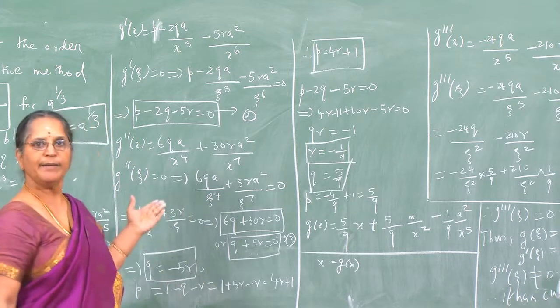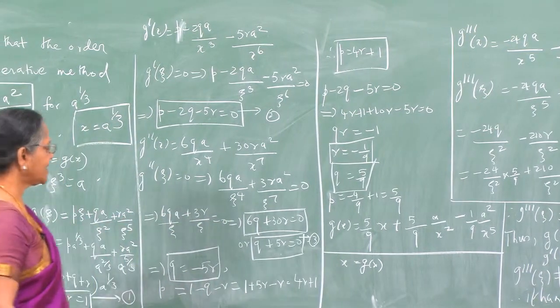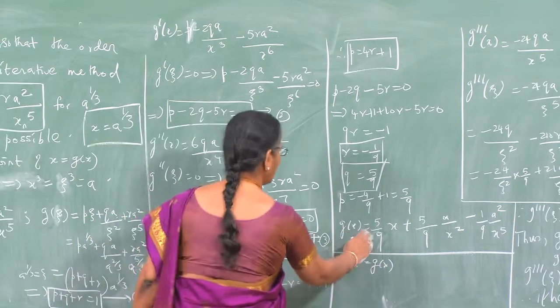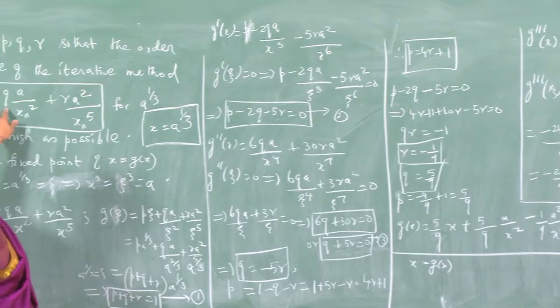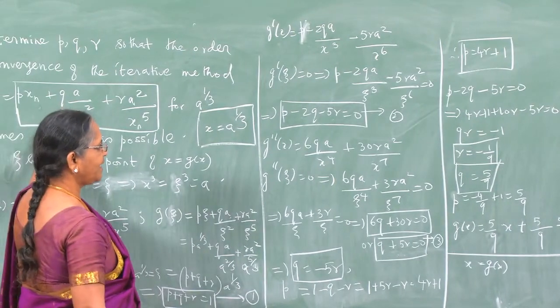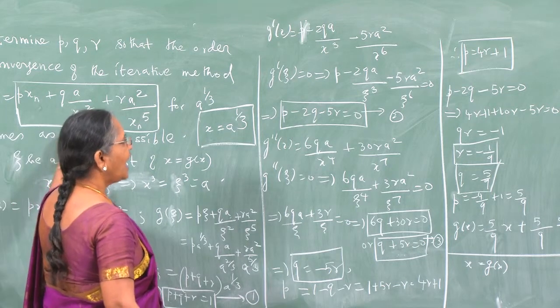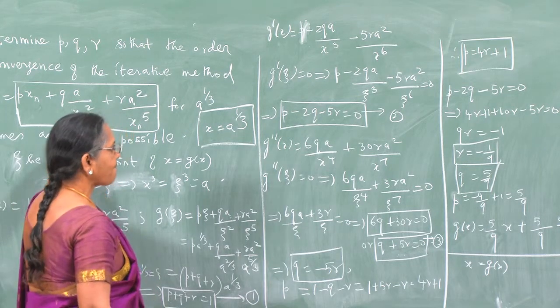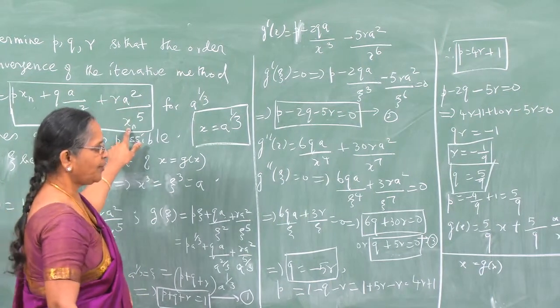So, you have determined p, q, r by imposing the three conditions, namely g of x will therefore be 5 by 9 into x plus q is 5 by 9 into a by x square. Then r is minus 1 by 9 into a square by x to the power of 5.